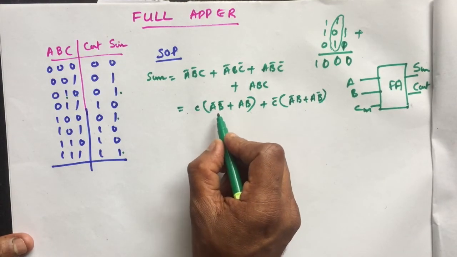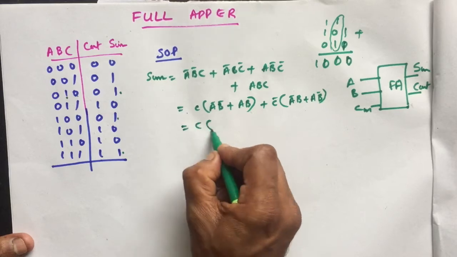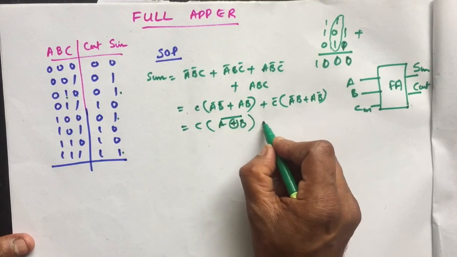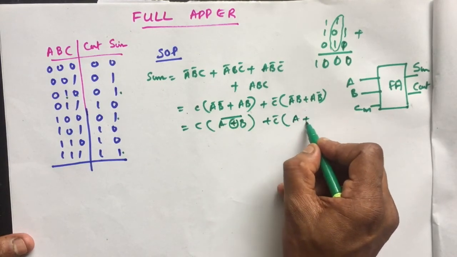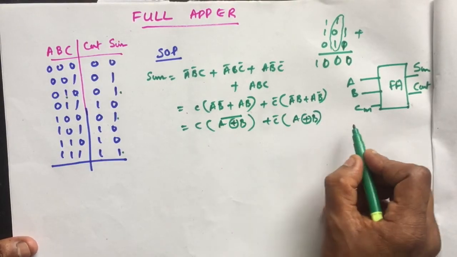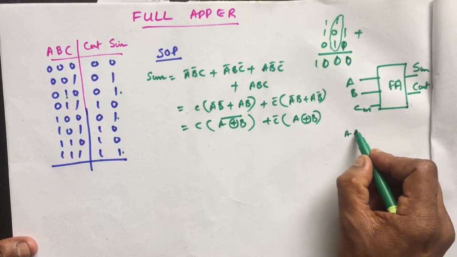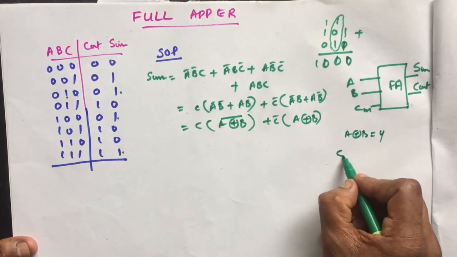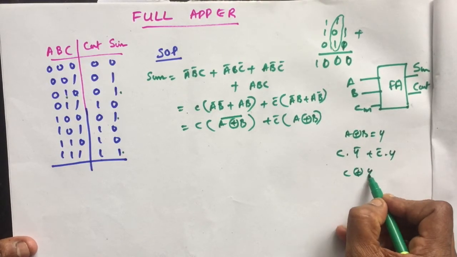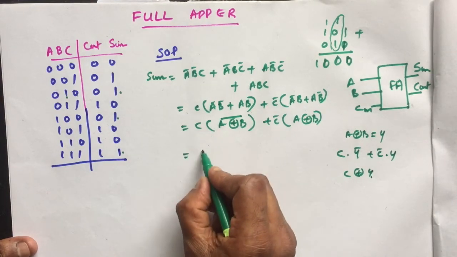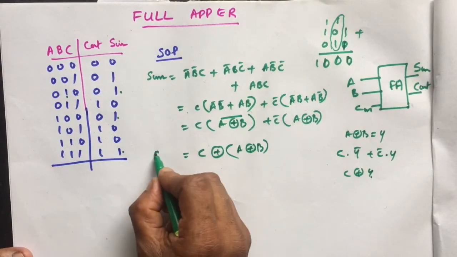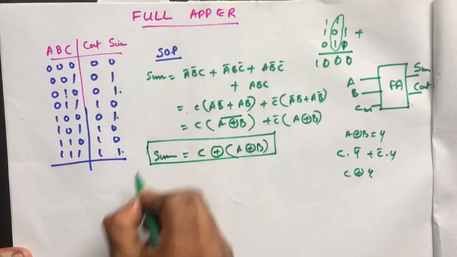Now A bar B bar plus AB is nothing but A XNOR B, and A bar B plus A B bar is A XOR B. Let us say A XOR B is equal to Y. Then we have C into Y bar plus C bar into Y. This is nothing but C XOR Y, isn't it? Therefore, this can be reduced as C XOR A XOR B. This is the expression for sum.